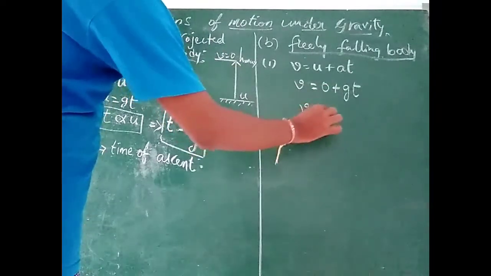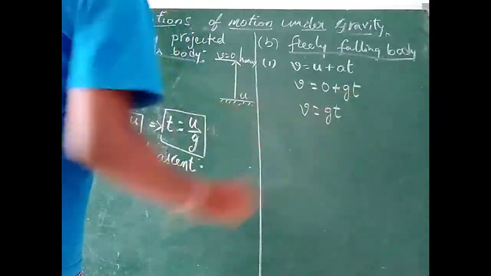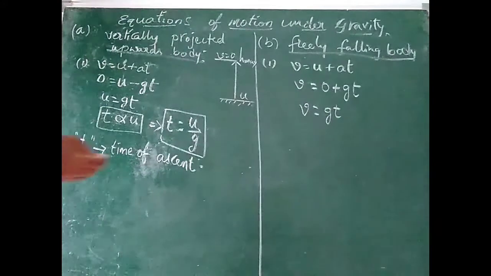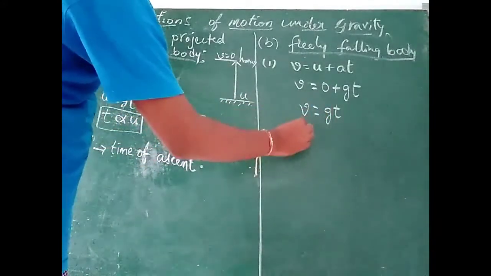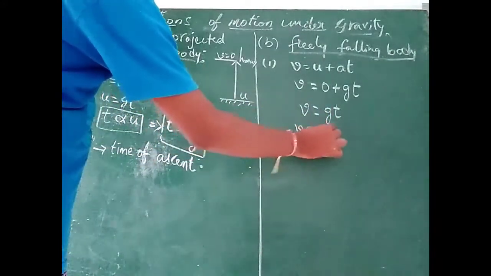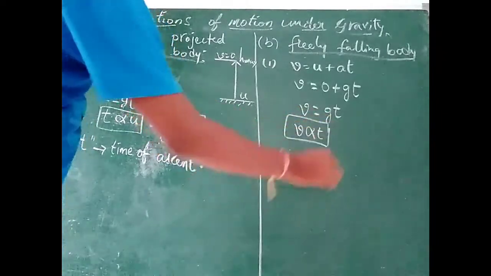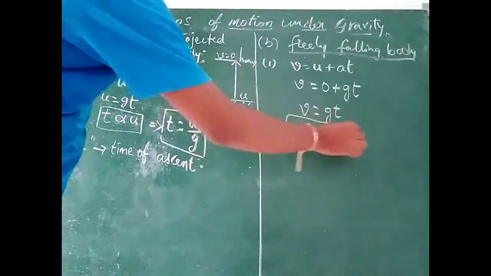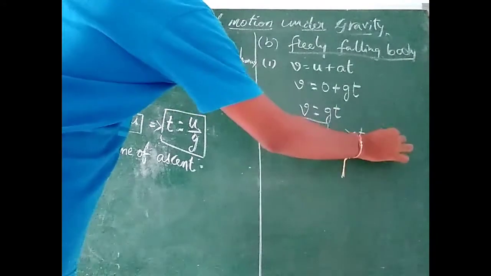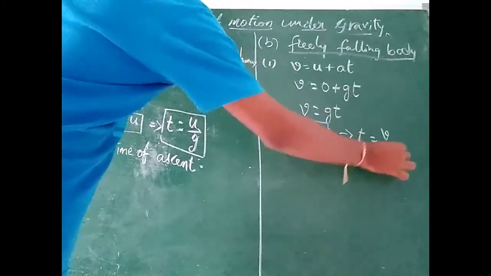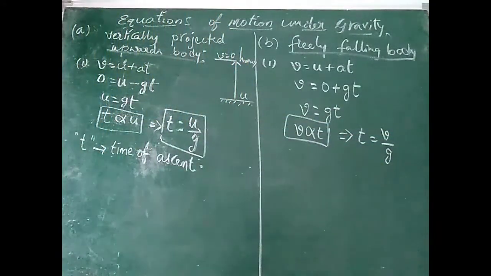So v is equal to g t. Here g is constant, then v is directly proportional to t. And from this equation, we can write that t is equal to v by g.